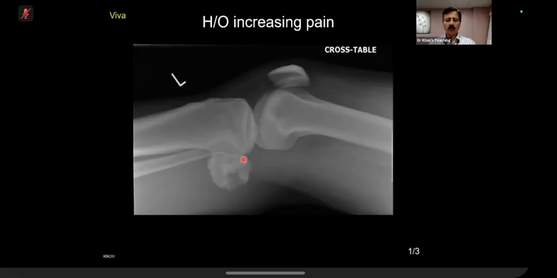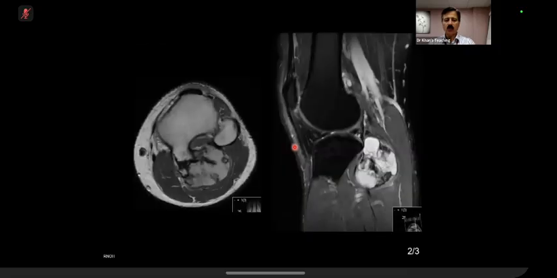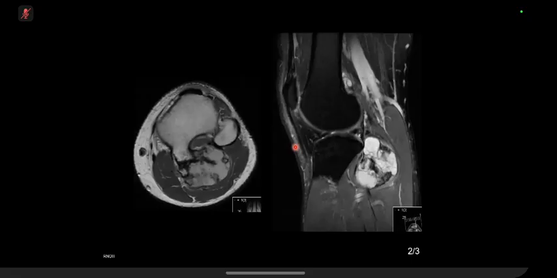So another case where we have got an osteochondroma and increasing pain. So we have done this MR. Over to you. What do you think? So I'm provided with an axial T1 image and a STIR sagittal image.